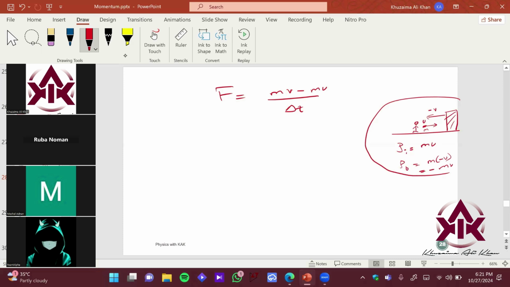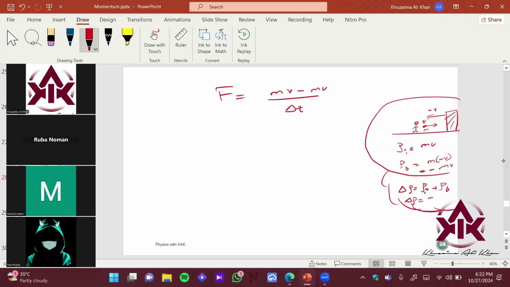If I want to find the change in momentum, that is final momentum minus initial momentum. Okay, I just made a sign mistake over here.